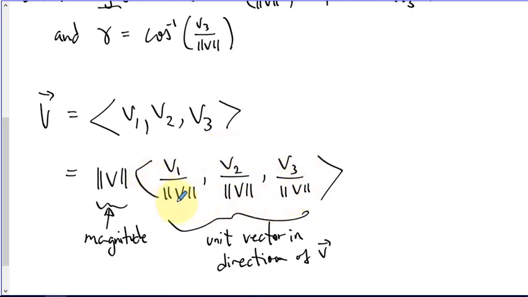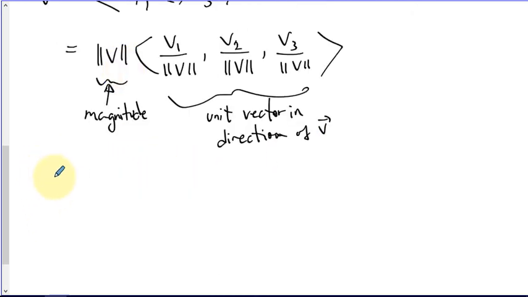I've mentioned this in a previous video, I think, that we can talk about a magnitude for the vector and a direction. And we can specify the direction as a unit vector, and that's what we have here. This vector is a unit vector because we see it dividing out by the magnitude. And each of the components in that unit vector are the direction cosines. These three components are the direction cosines. So the components of the unit vector that specifies the direction are the direction cosines.